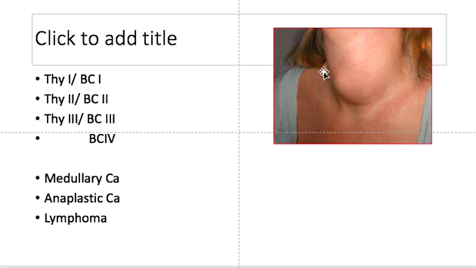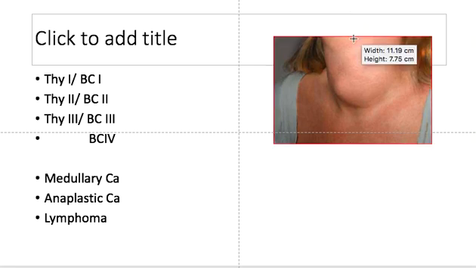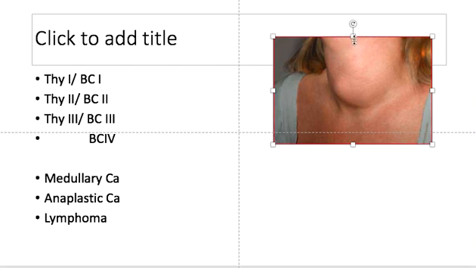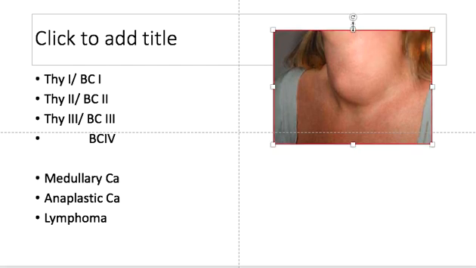If it's large, and especially with complications like a tracheal compression, and tracheal compression clinically you do, and of course you can also confirm by doing an X-ray. So Thy 2 or Bethesda 2, if it is large with compressive features, cosmetic also, of course, yes, if the patient is concerned, you can do.